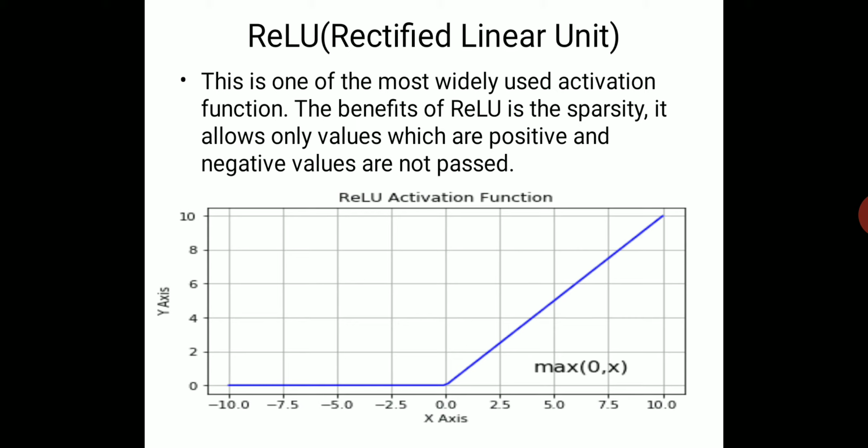So its function is f(x) = max(0, x). Whenever we get a 0, it doesn't rise or show any output, but whenever you give a positive value, it will rise in a straight line. You can see that for the 0 input it doesn't rise, but whenever it gets a positive value, it will rise in a sequential manner.